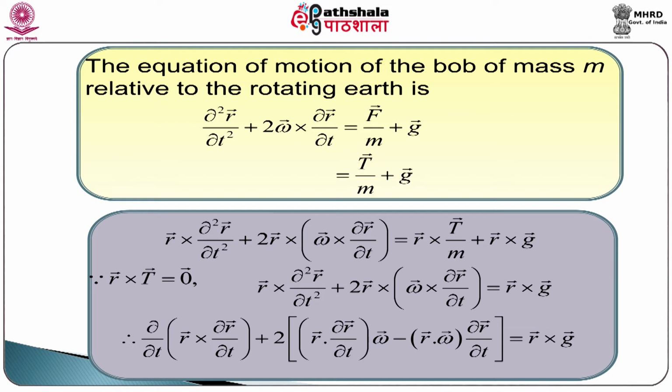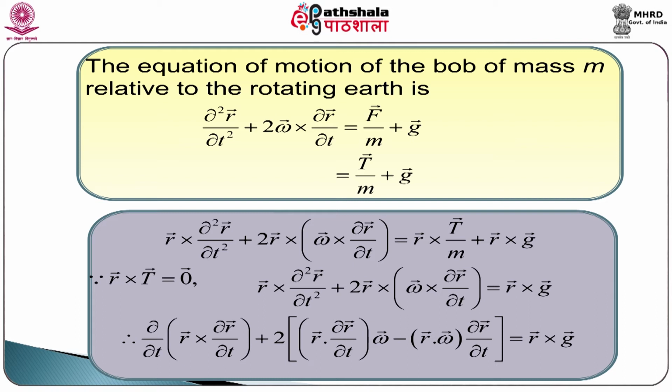To eliminate the tension of the string T vector, which is unknown, let us take the cross product with r vector. Taking cross product, we get r vector cross del 2 r vector del T2 plus 2 r vector cross omega vector cross del T of r vector is equal to r vector cross capital T vector divided by m plus r vector cross g vector.